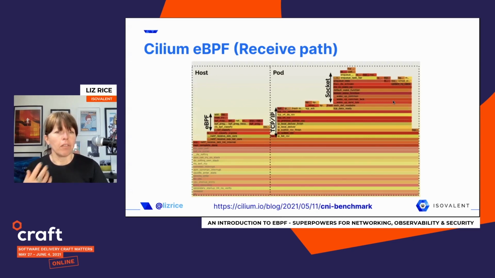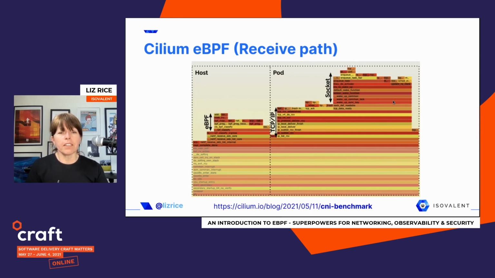And if we look at a flame graph for where time is being spent when a packet is received, we can actually see that a packet that arrives on a host spends a bit of time in the eBPF stack, and then it moves into the pod's networking namespace, spends a bit of time in the TCP/IP stack there, and then gets read by the socket inside the pod.